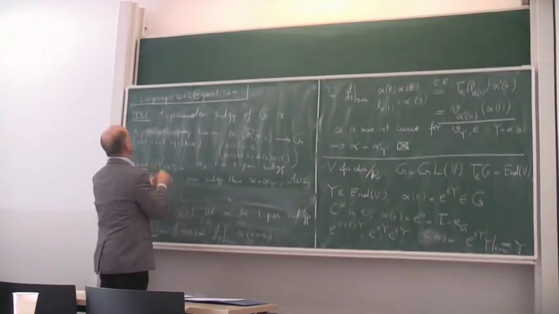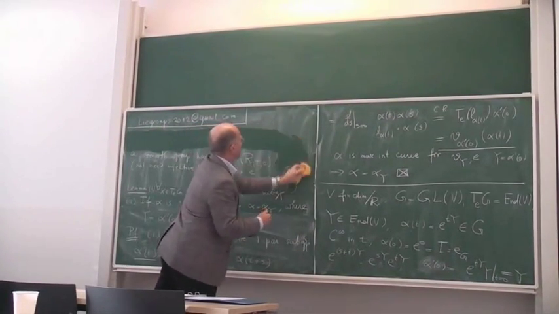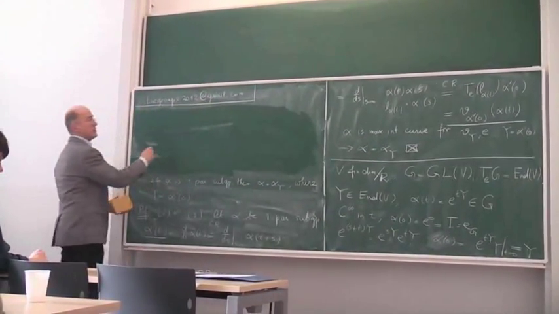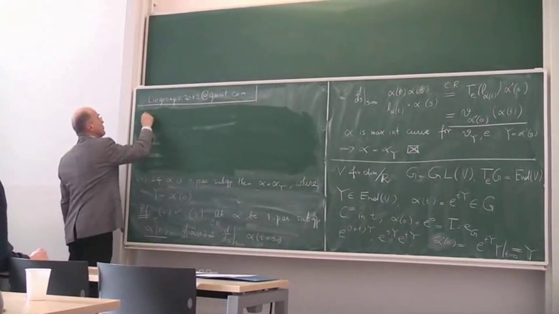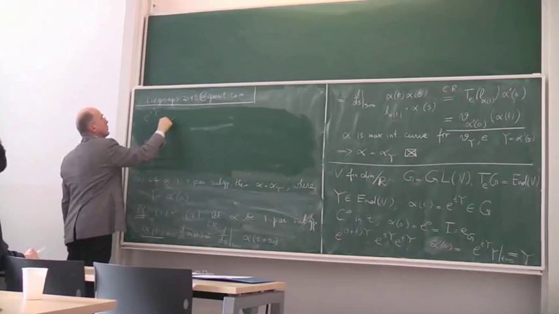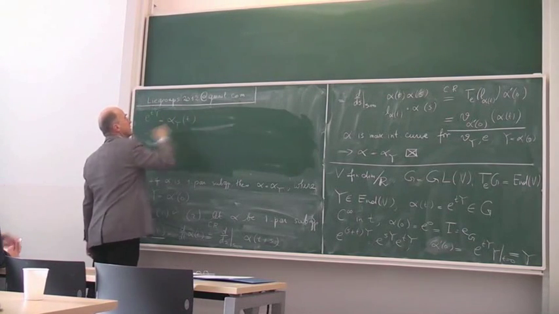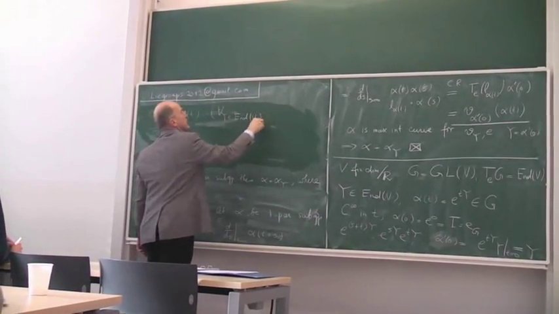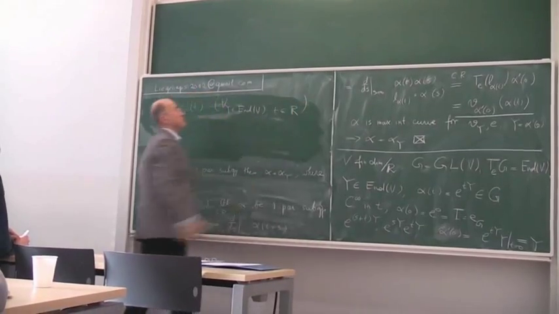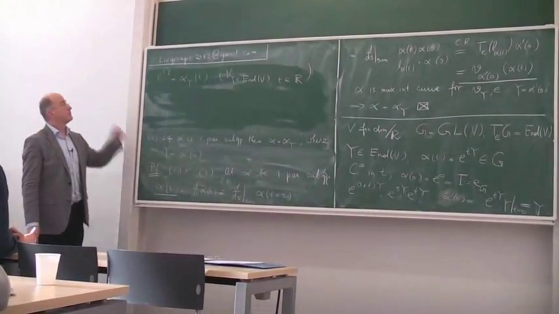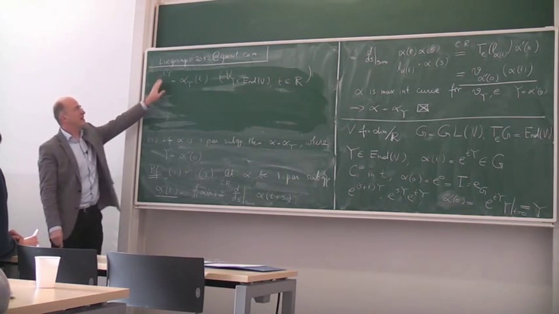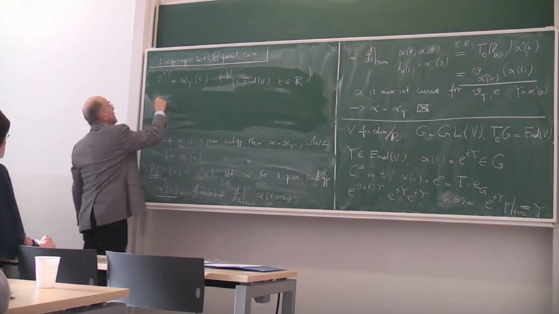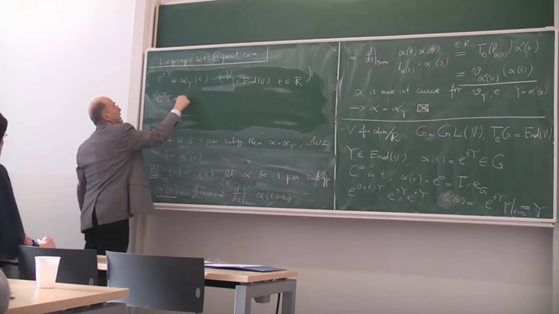So the conclusion is that e to the ty is equal to alpha sub y of t, and this is true for all linear maps from V to itself and for all real numbers t. This is the conclusion. But that means that this exponential can be expressed in terms of alpha y. E to the y is alpha y of 1.